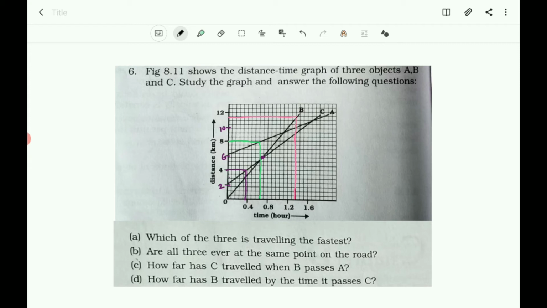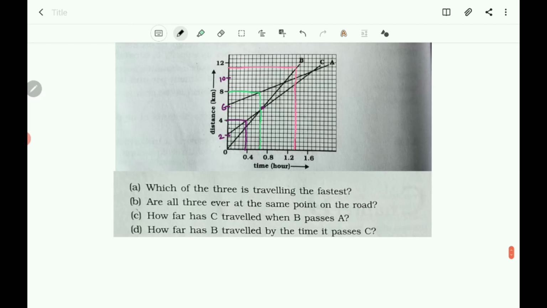The object for which the slope of the graph is maximum will have maximum speed, that will travel fastest. Here the slope of object B is maximum, so it is traveling the fastest.